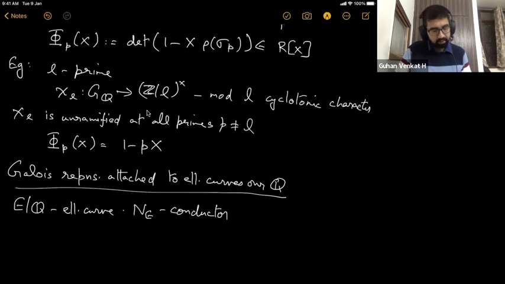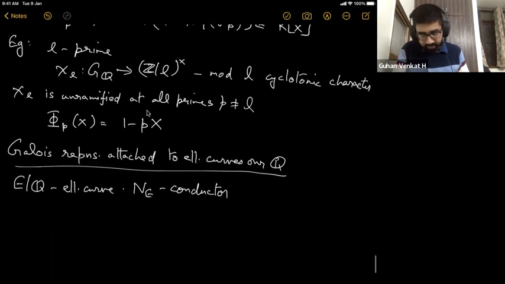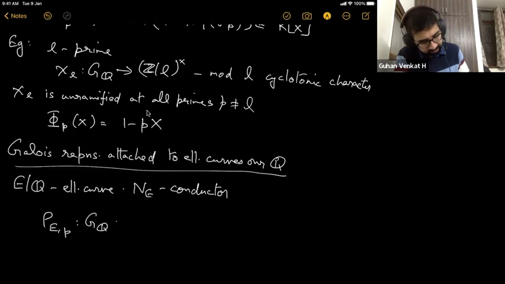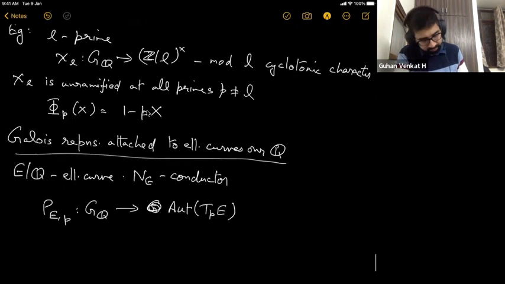The primes that divide the conductor are also the primes that divide the discriminant, so the supports are the same. And we've already seen that there is this p-adic Galois representation attached to this elliptic curve, from G_Q to the p-adic Tate module, which is just GL_2(Z_p).